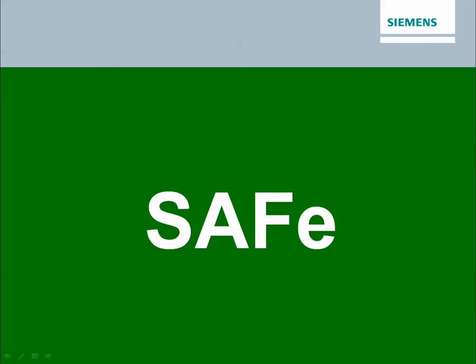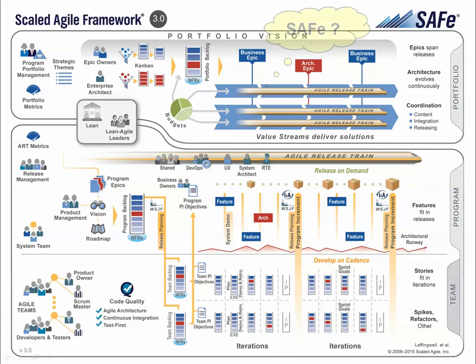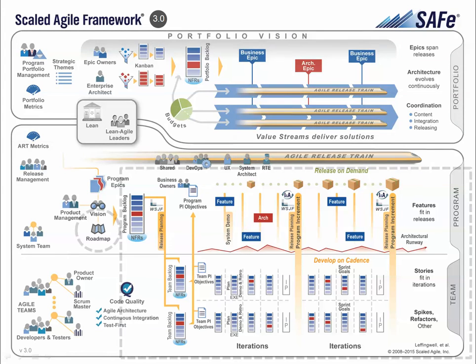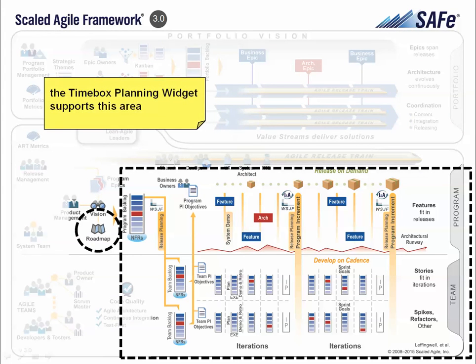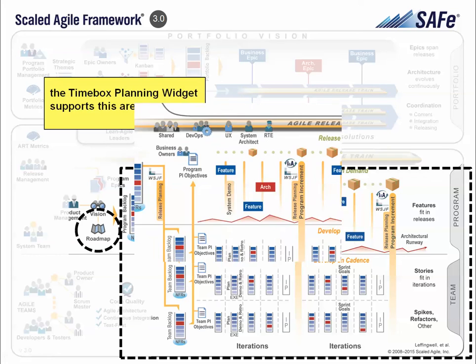So now I think we are ready for the Scaled Agile Framework. That's the Scaled Agile Framework, and typically we have the team, the program, and the portfolio level, and the Timebox Planning widget can support you in the team and the program level.